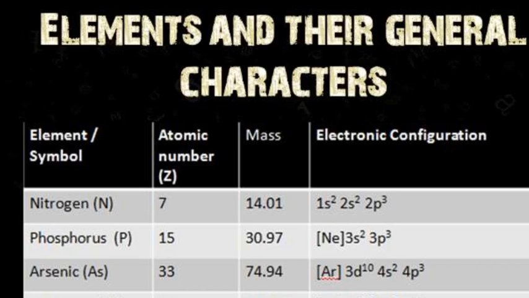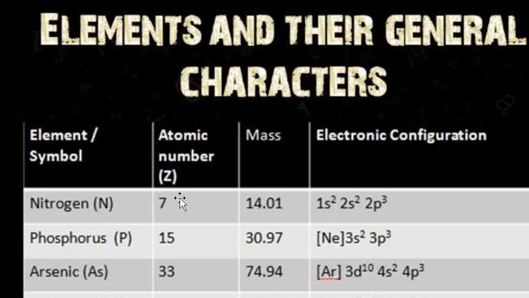The elements present in the nitrogen family are nitrogen, phosphorus, arsenic, antimony and bismuth. We can see that these elements contain 3 electrons in the last p subshell.